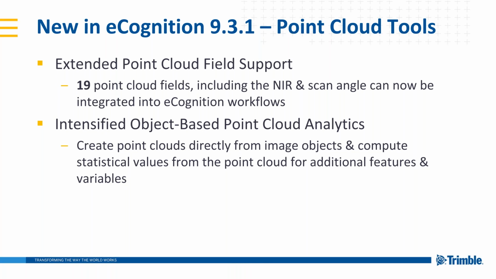First of all, we've extended support to 19 different point cloud fields, including the near infrared. Prior to that, we were just supporting the RGB fields, as well as scan angle and various other valuable fields that can be used in the eCognition workflow.